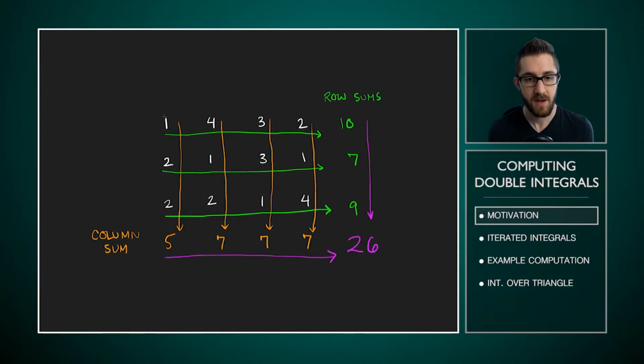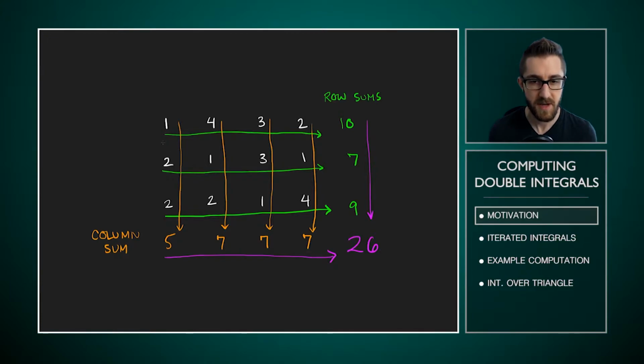So 1 would be whatever the value of the function is on that piece times the area. And then on this piece, it would be 4, 3, and 2. Remember, the next step of the double integral process was to add all of those together. In the previous video, I hand waved my way through it, and I said, we just add them somehow. It doesn't really matter. Now I want to think more carefully about how we're adding them, because it's going to inform how we actually go about computing a double integral.